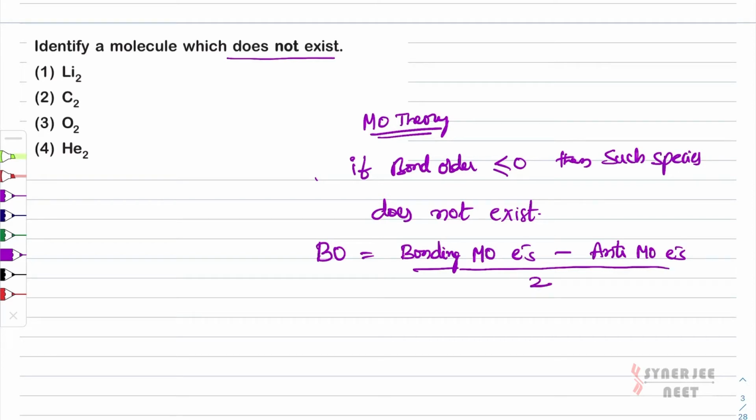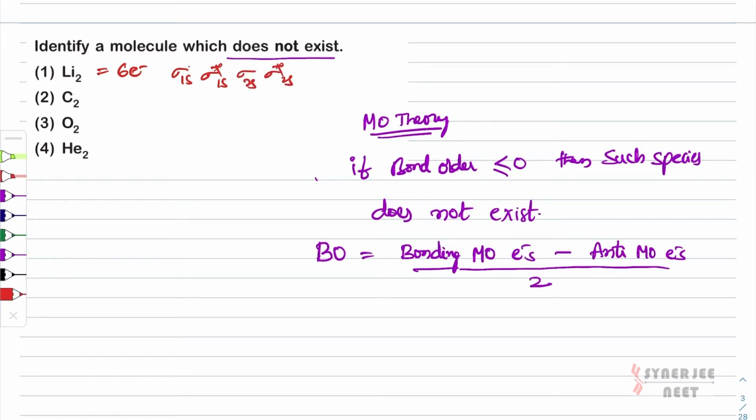Now, if you look at lithium, lithium atom has atomic number 3, so Li2 actually has 6 electrons. If you fill those electrons: sigma 1s, sigma star 1s, this is the molecular orbital order, sigma 2s, sigma star 2s.